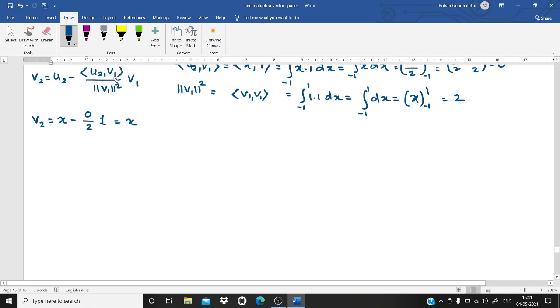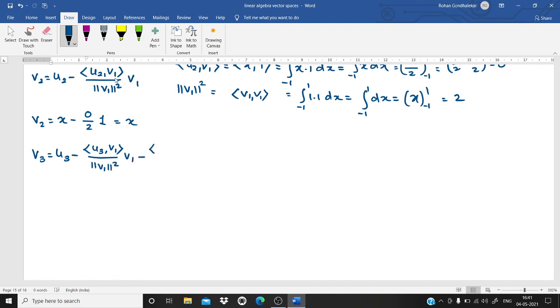Now what is V3? V3 is equal to U3 minus inner product of U3 with V1 upon norm V1 square into V1 minus inner product of U3 with V2 upon norm V2 square into V2. Now what is the inner product of U3 with V1? It is integration from minus 1 to 1 of U3 V1 dx.